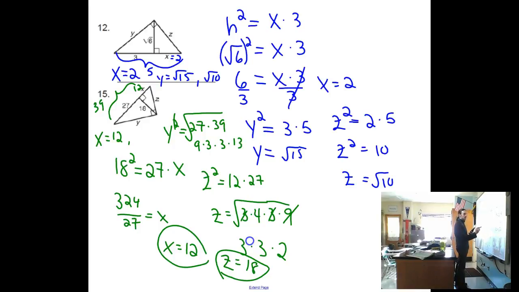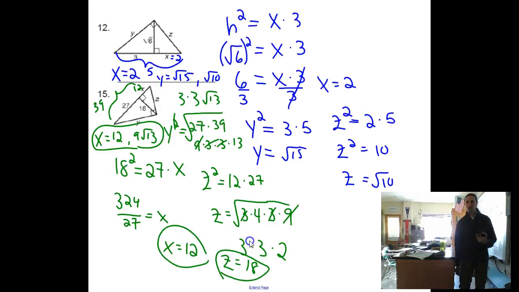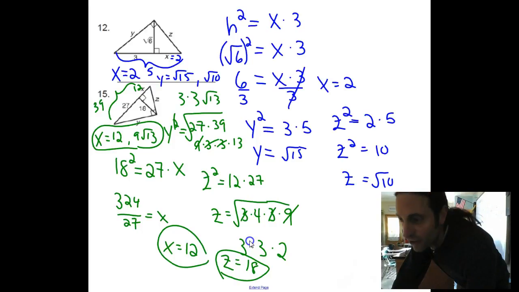So that would be, take a 3 out, take another 3 out, square root of 13. So that would be 9 square root of 13. Sorry for that confusion, but you can also follow the example in your book on how to do these. And yeah, continue on there.